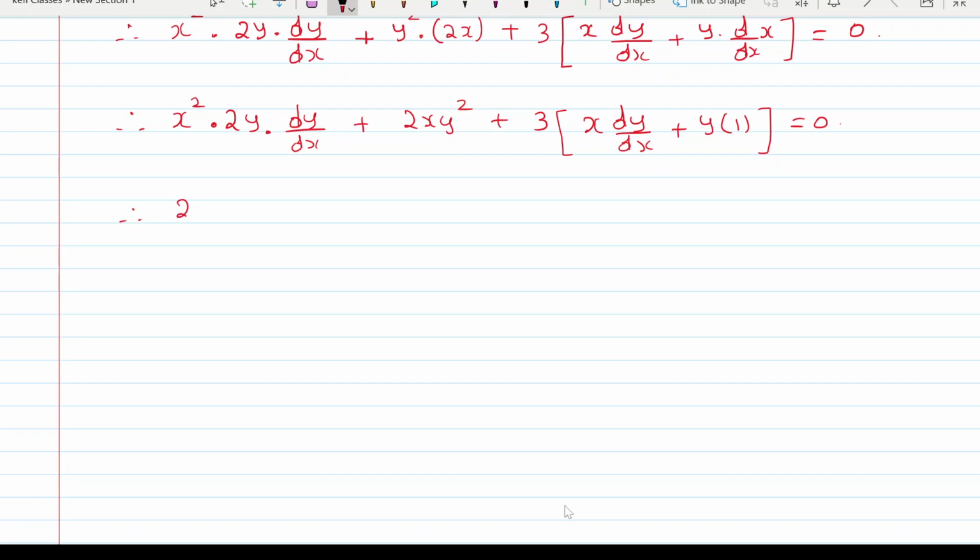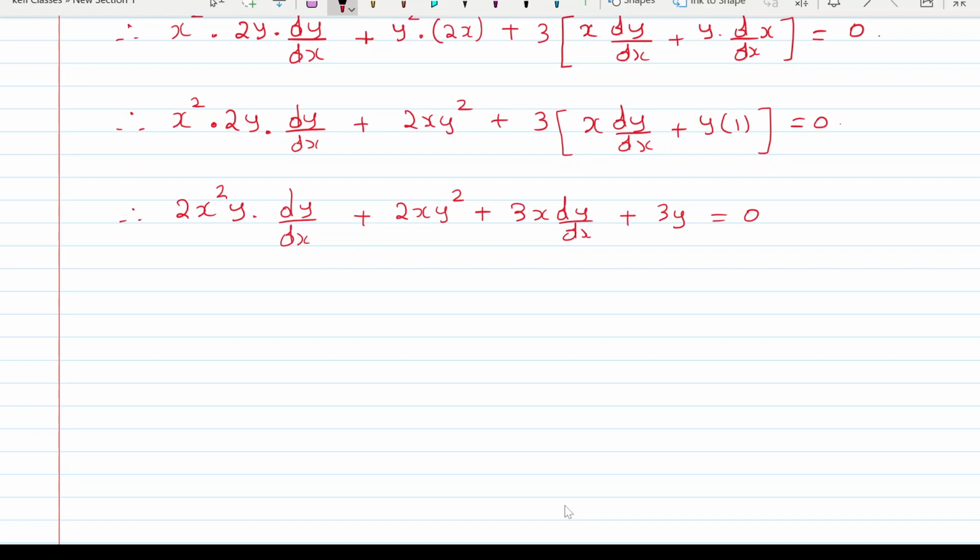So therefore 2x square y into dy by dx plus 2xy square plus 3x dy by dx plus 3y is equal to 0. So what is the first step you do? Go on taking the derivatives.